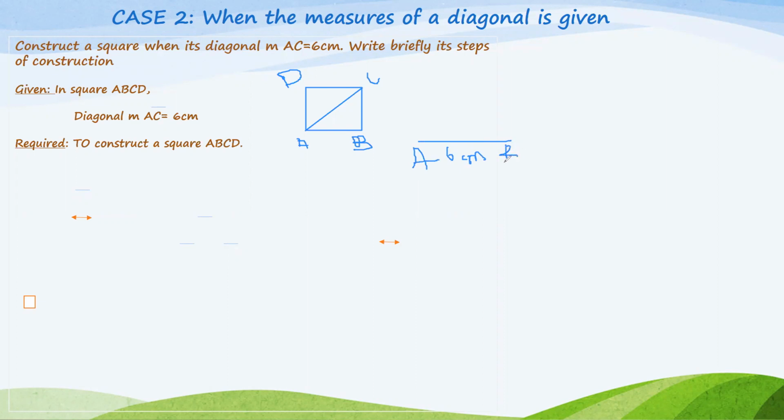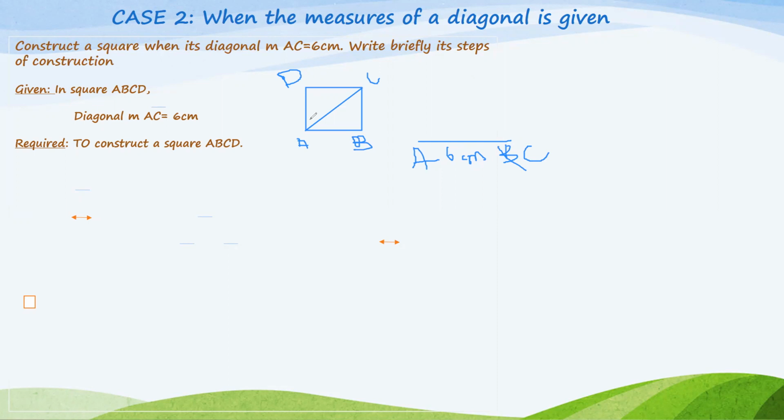If the diagonal is 6 centimeter, the sides cannot be equal to 6 centimeter, because in a square all the sides are congruent. We are not talking about the diagonals. So avoid making the square like this. Don't write B over here, you have to write C, because the diagonal is given as 6 centimeter.